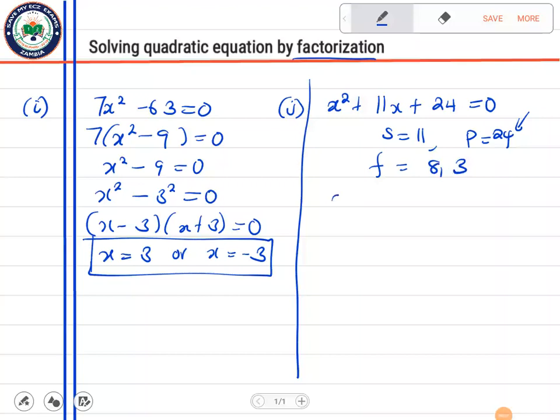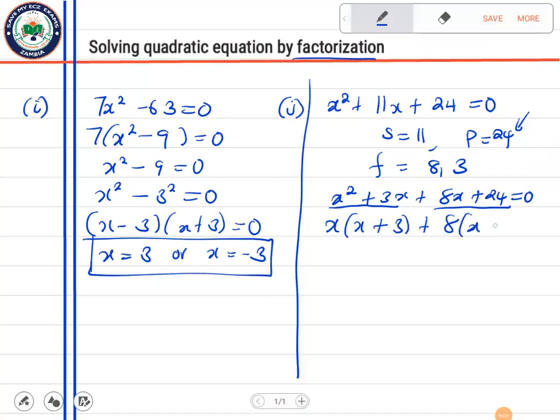So we now have our equation, which turns into this: x squared plus 3x plus 8x plus 24 equal to 0. You just bring these and just add x there. So we can take out what's common there and what is common there. What is common here is x, from the x plus 3. What is common here is 8. 8 into 8, 1. 8 into 24, 3, equal to 0.